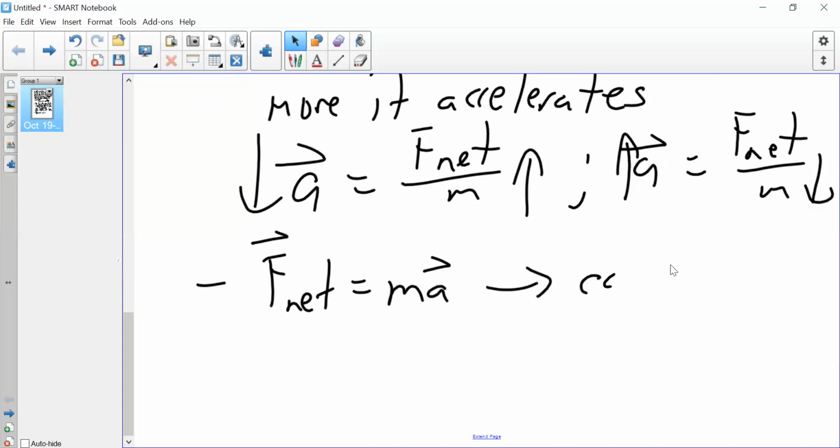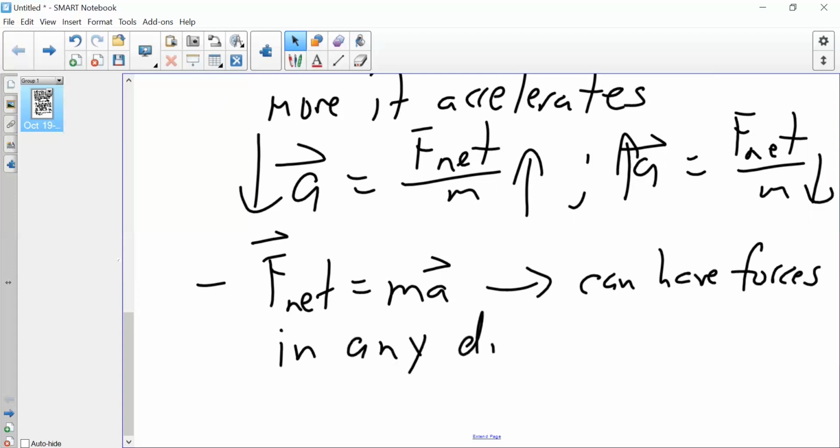You can have forces, net forces, in any direction. So if you have a large net force, like with the pushing force in our example from the packet, the pushing force is larger to the right, so that object's going to accelerate to the right. Everywhere else, there's no acceleration.